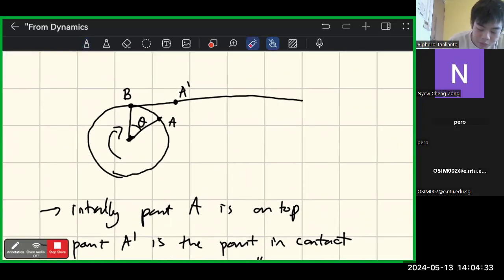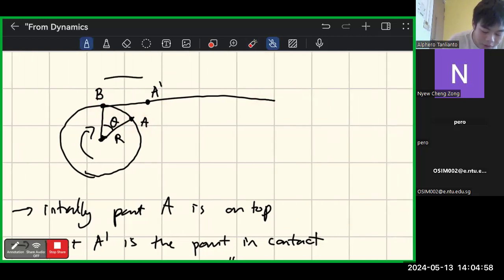So the distance from A to B and from A prime to B is equal, and A prime to B is the length that the thread is extending on. If you have the radius R here, the length of BA equals R times theta in radians.